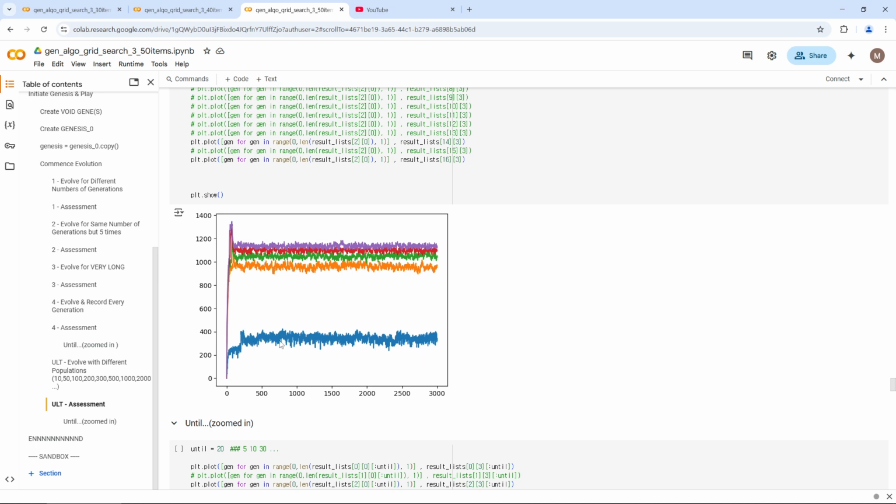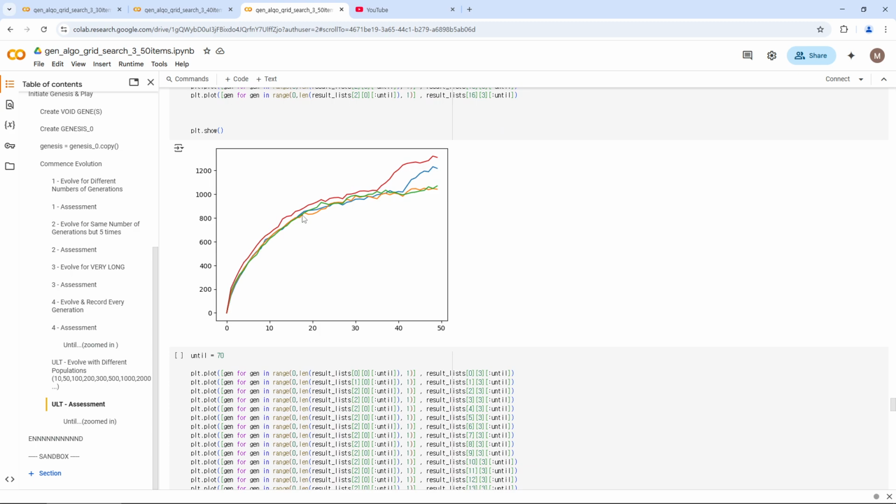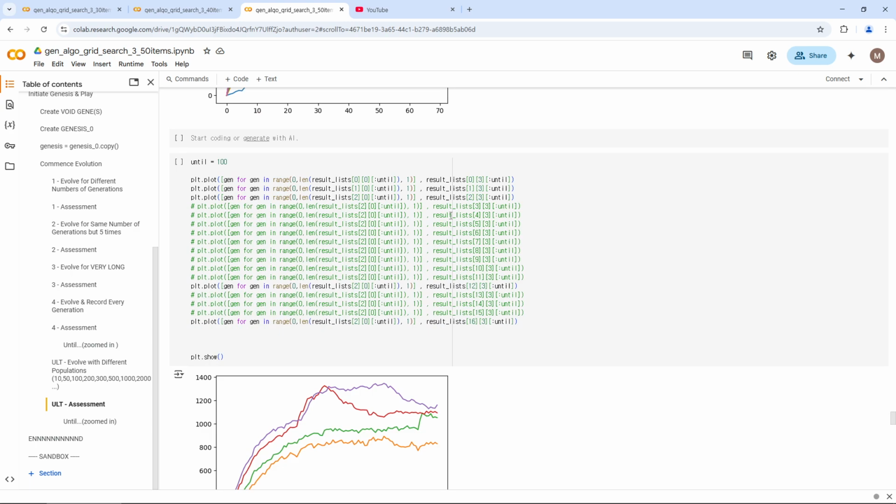There isn't much of a dip here, but this is bad because we know that it should be way more than 390, because we know that the near best ones go somewhere close to 1350 or something. Remember, this is for 50 items.